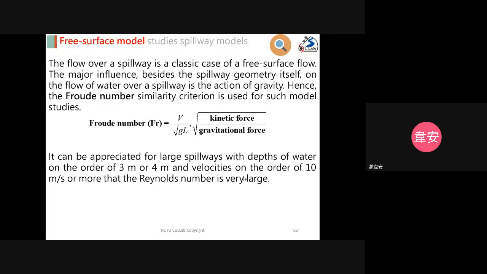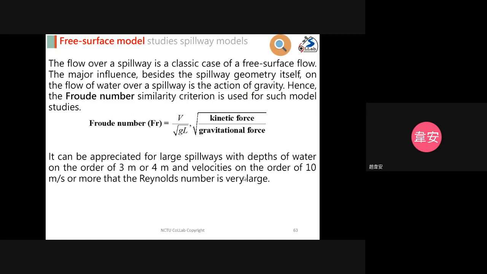Another famous problem we usually meet is free surface model studies, such as spillway models. If our problem is a spillway, then the gravity effects are really important for these problems. So we need to use the Froude number balance to satisfy the dynamic similitude.